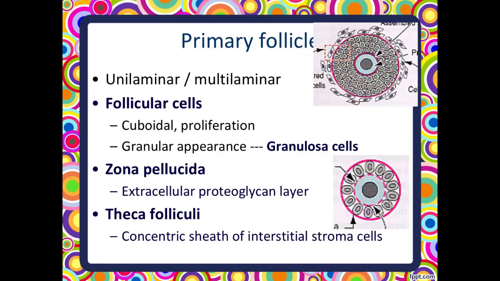Then, when a group of follicles starts to develop, we can find the primary follicles. We have two types of primary follicles. First are unilaminar, which are made by one oocyte surrounded by one layer, this time of cuboidal or sometimes higher epithelium, but that's still one layer, right?